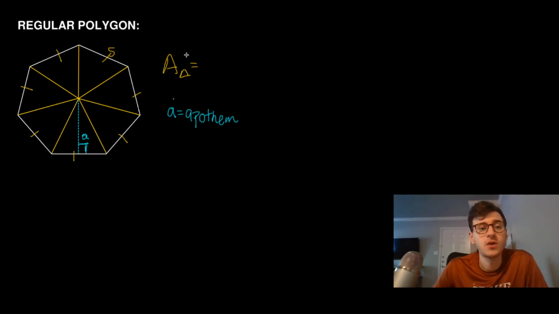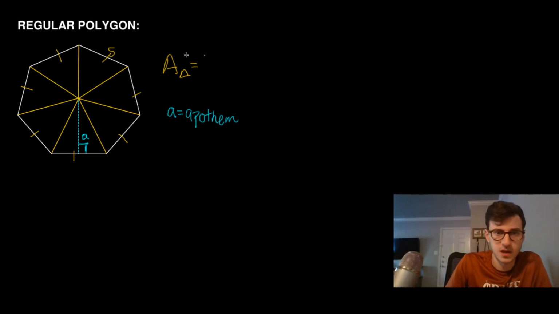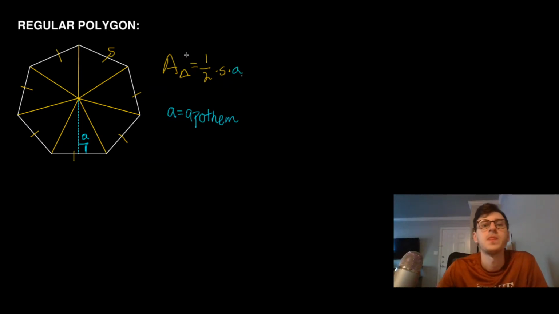Now the area of a triangle is 1/2 base times height. So in this case, that's 1/2 times the side length times my apothem. And if I want to find the area of this whole figure, like we said earlier, let's say that n is the number of sides.